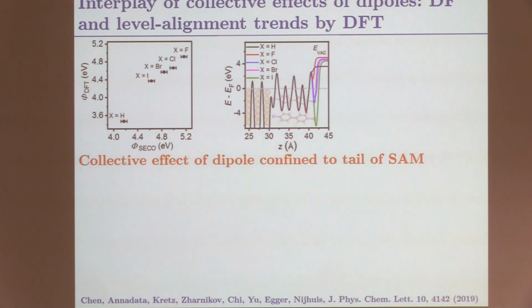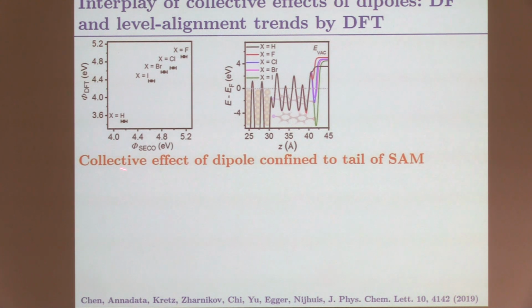Now, to look at this in more detail, we also computed work function changes for each monolayer with density functional theory, comparing them to data from photoemission experiments. And the agreement is again very good in qualitative terms, but you see that the scales are not the same, so the quantitative agreement is not as great.